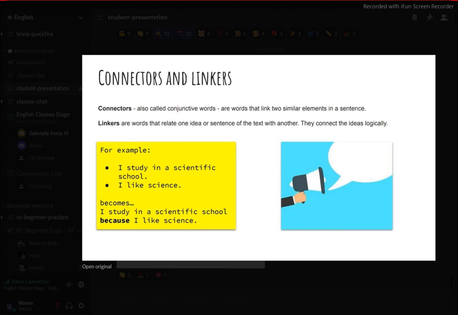We have two sentences. The first one is: I study in a scientific school, and the other one is: I like science. We can connect these sentences by using the linker because. In this way, the sentence becomes: I study in a scientific school because I like science.